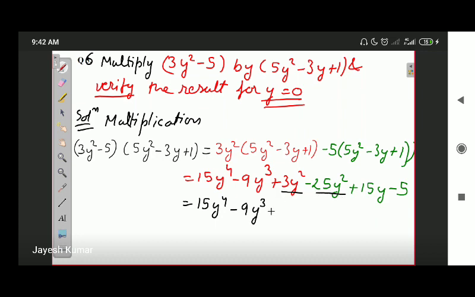In case of like terms, we perform subtraction or addition according to their signs. The signs of the two terms are different. One is positive, another one is negative. So we have to do subtraction. 25 minus 3 is 22y square. And the sign of the greater term will be included. The greater term is minus 25, so minus 22y square, plus 15y minus 5.